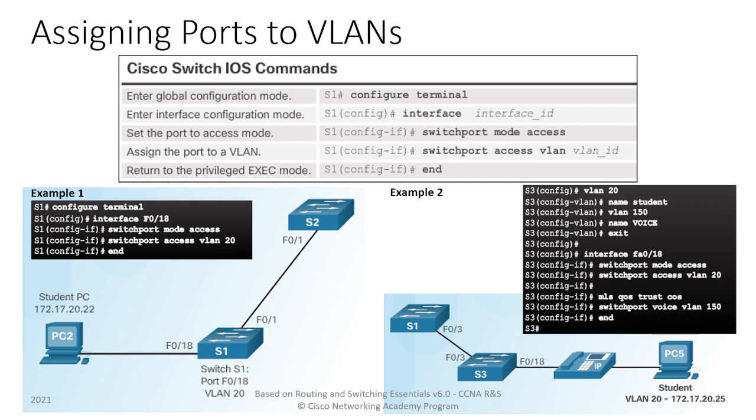Say, for example, if we go to interface 18 and we want to assign that PC2 to the student VLAN, we go to configuration again, go to that particular interface, and there we set the port to access mode, and then we specify VLAN 20. So now that port will be assigned to VLAN 20.